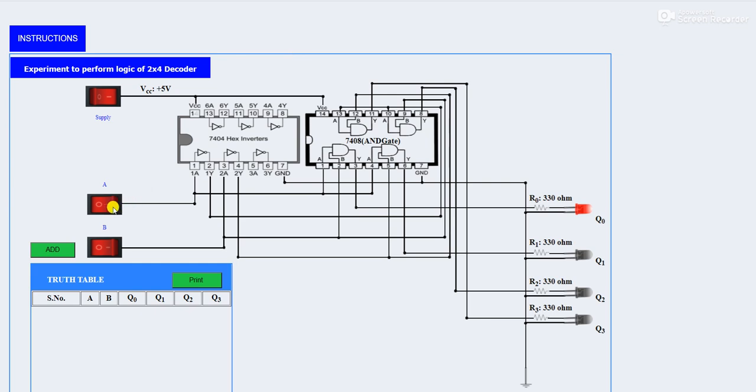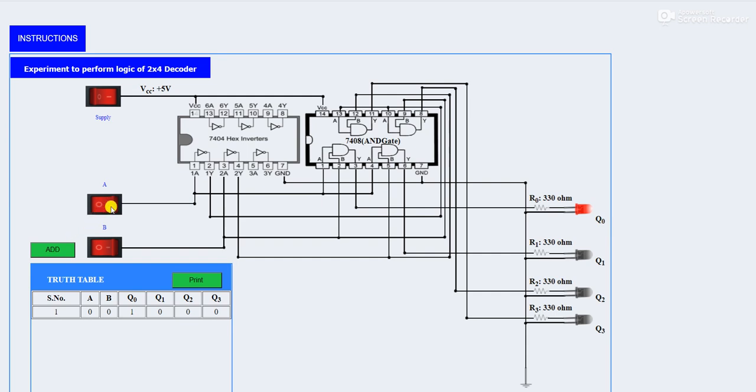In this condition both A and B switches are off, and the Q0 LED is glowing. As we have already discussed, for A equal to 0 and B equal to 0, the Q0 output will be 1. Next, add these values to our truth table.